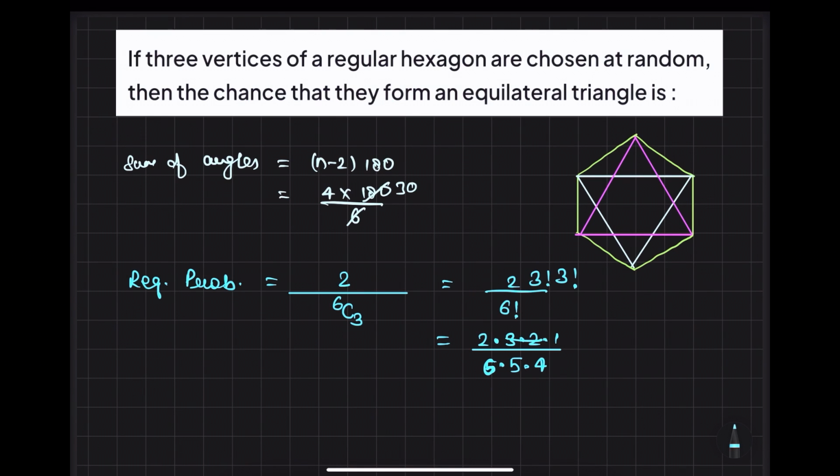So 3 into 2 is 6, 6 and 6 gone, then this gone. So we are left with 1 by 10. Therefore the required probability is 1 by 10.